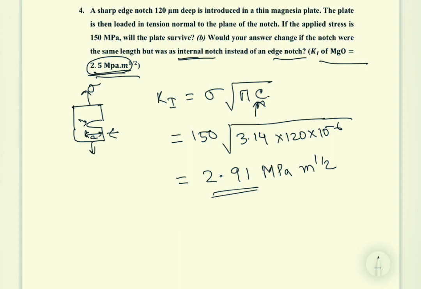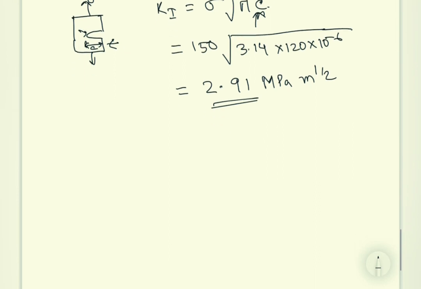And next, in the case of B, the crack is an internal crack. Then the body is like this and the crack is like this. This is the crack length. In this case the effective crack length will be half, because this is actually 2C. During calculations we do that.